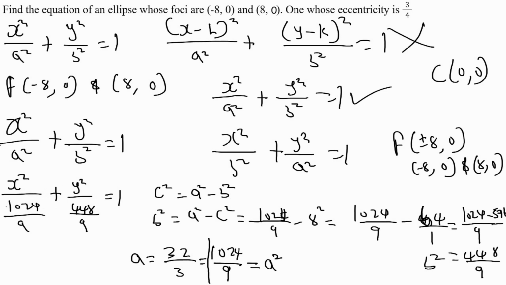Now, if you use the concept of keep and flip, you should have 9x squared divided by 1024 plus 9y squared divided by 448 equals 1. So this is our final answer. So now it makes sense. The value of A is now more than the value of B. Okay, so I hope you find this effort understandable. I want to believe you benefit from this.